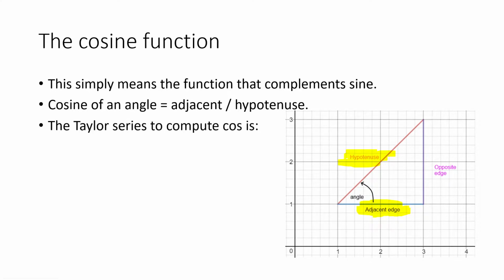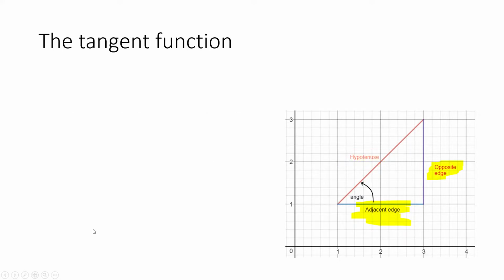And if you want to use Taylor series for it, it looks like this. The cosine of x, start with 1, subtract x squared over 2 factorial, add on x to the power 4 over 4 factorial, minus x to the power 6 over 6 factorial, and so on. If you're paying attention, you'll see that's a very similar function, different powers, but other than that, it's almost identical.